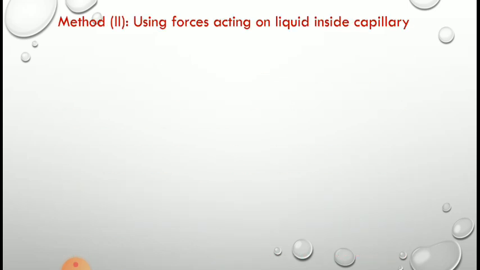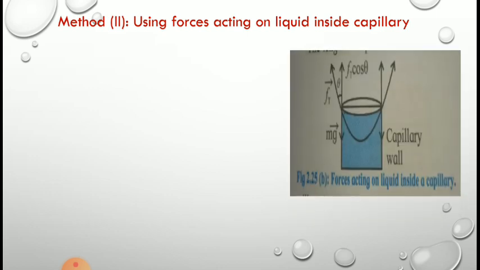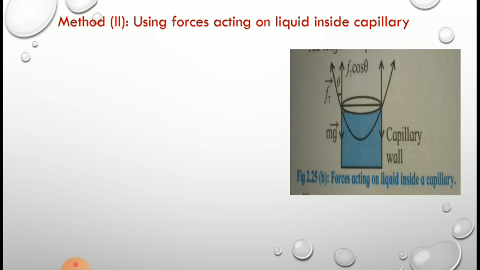Now we discuss the second method by using the forces acting on liquid inside capillary. Again, we consider this diagram in which there is a liquid column in a capillary tube. The liquid rises up to some height h. So the rise of water inside the capillary is against the gravity.